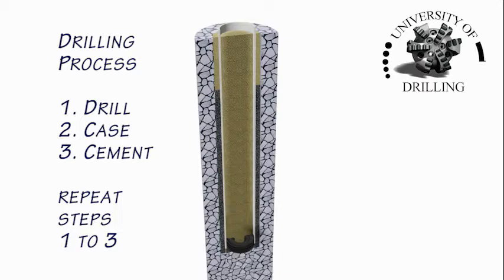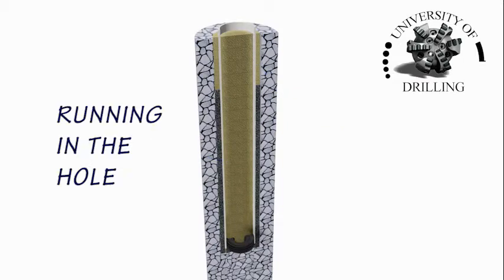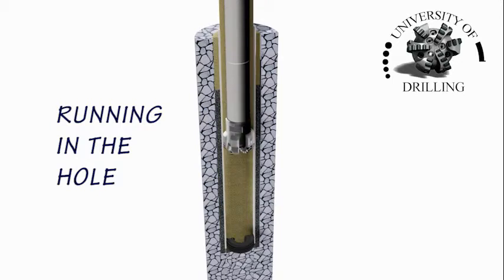A drilled and cased section comprises a set of borehole and casing diameters that are cemented together, but the next drilled and cased section will be a smaller diameter to fit through the inside diameter of the previous casing.